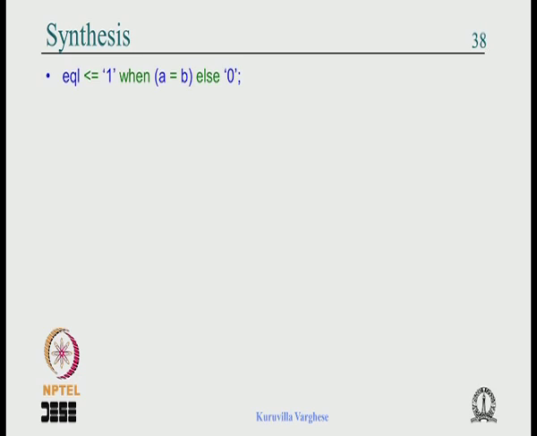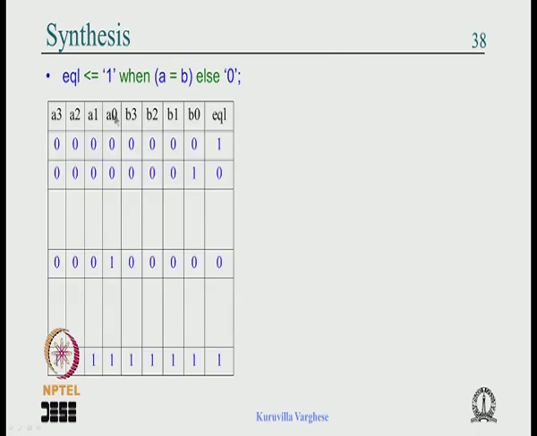In our case, we had two input signals, each of which is 4 bits: A of 3 to A of 0, and B of 3 to B of 0, these are the two inputs, and equal is 1 bit. So make a truth table, input versus output.